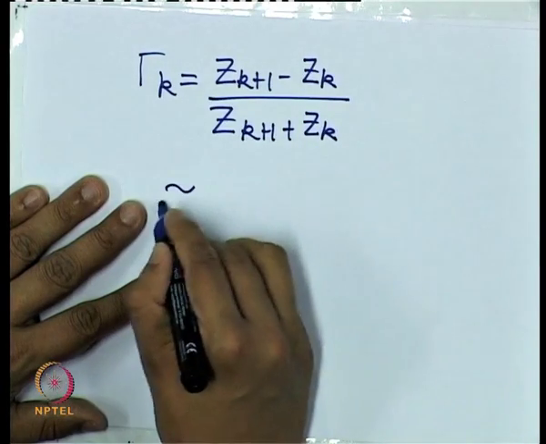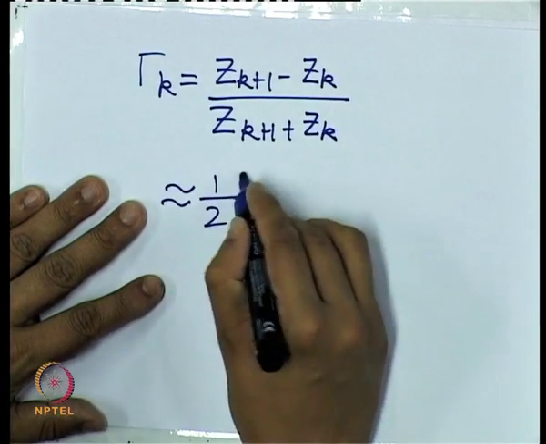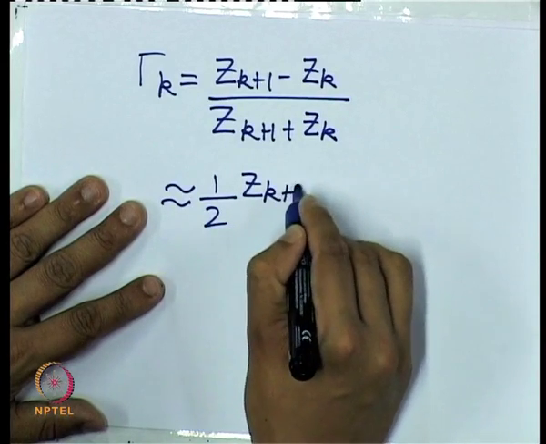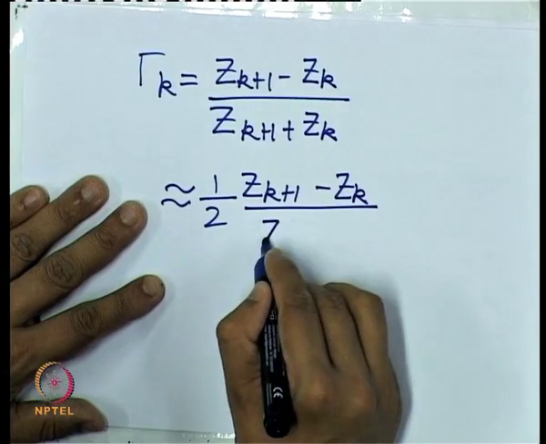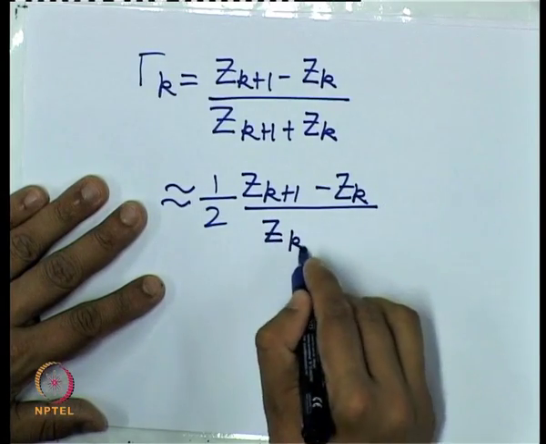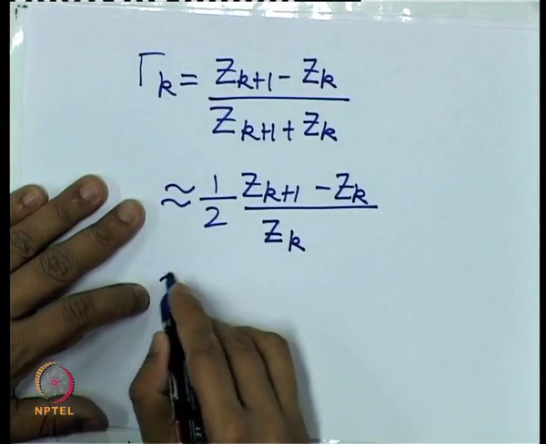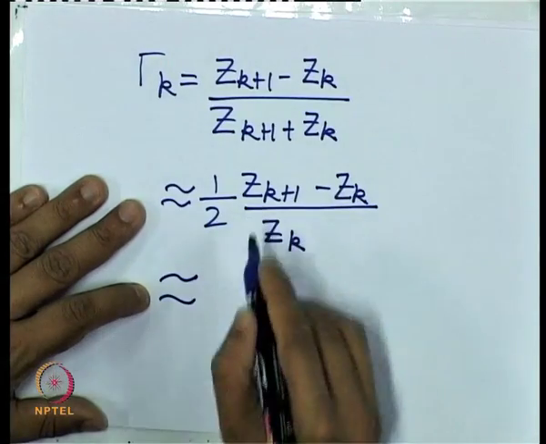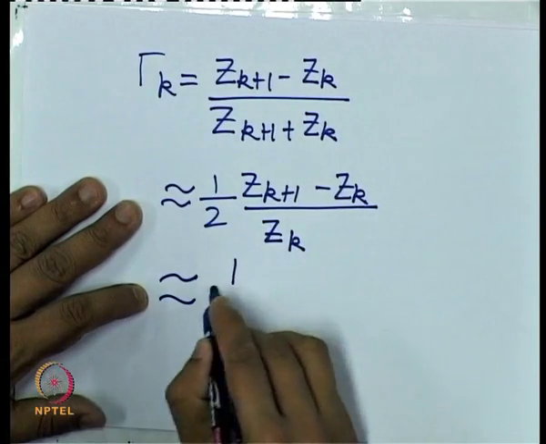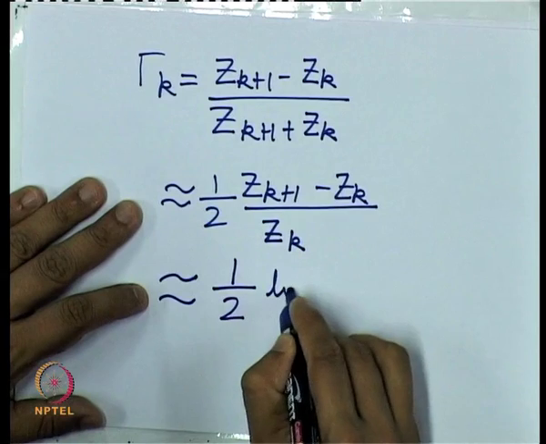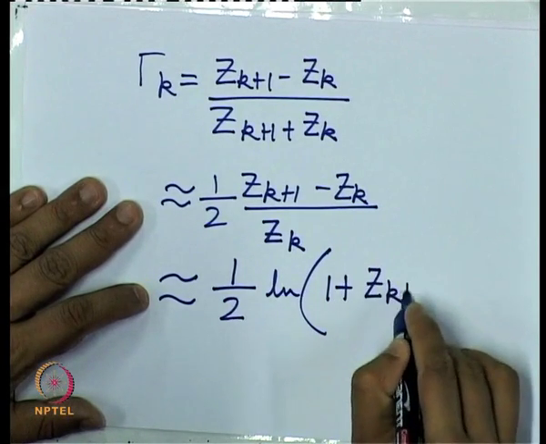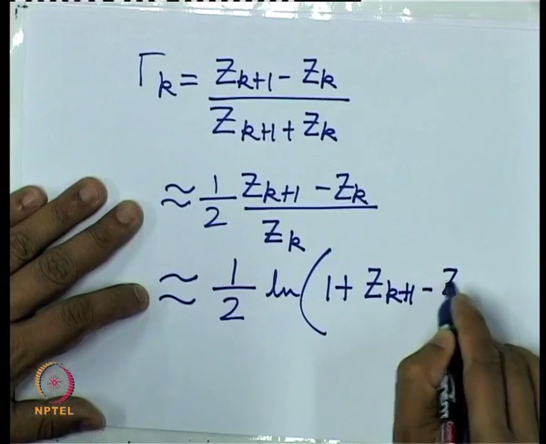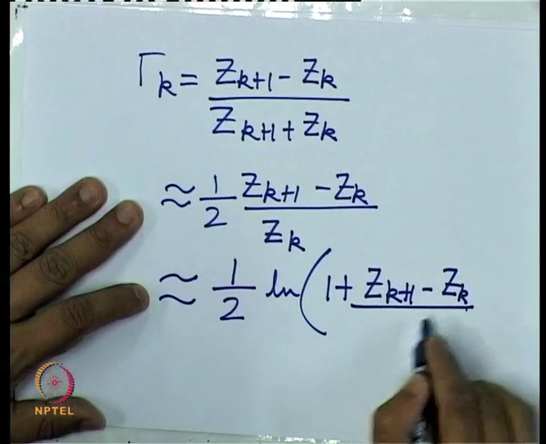Now, this we can approximate like this, again, if the mismatch between every consecutive stage, that is Zk and Zk plus 1, is not too much, then we can do this approximation. And this can further be simplified like this. We use the first term of the logarithmic series.